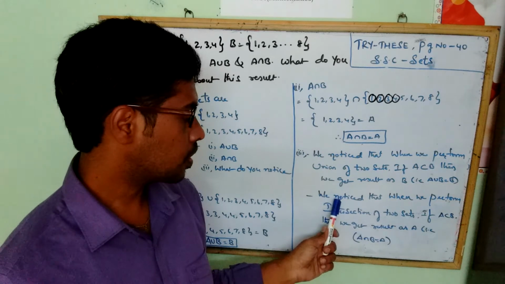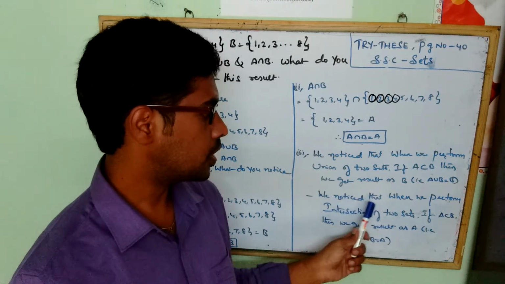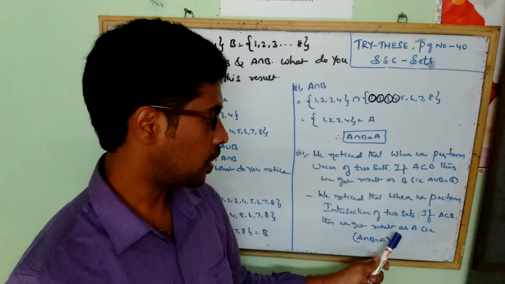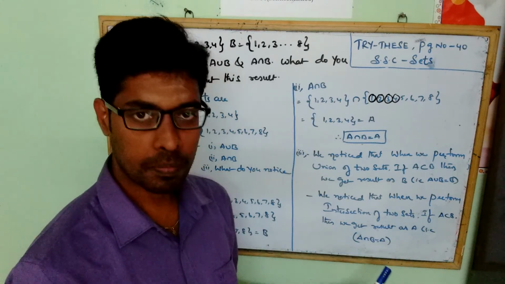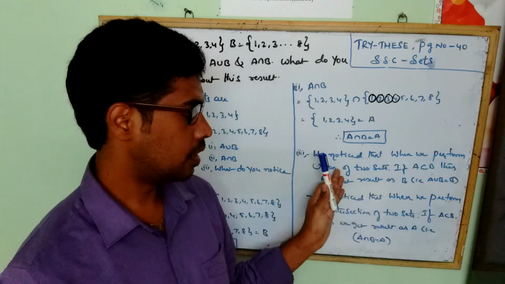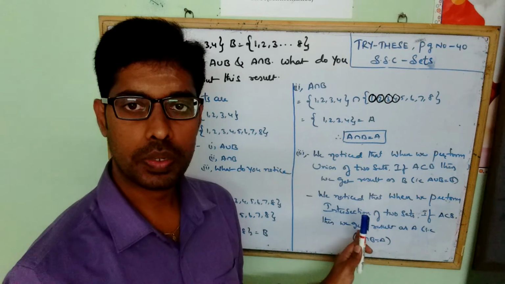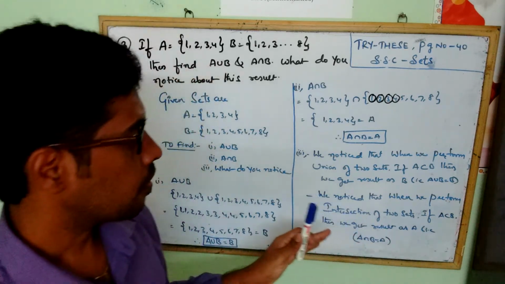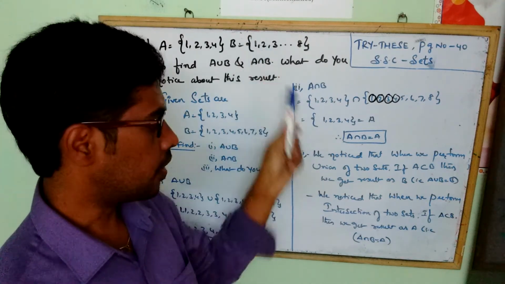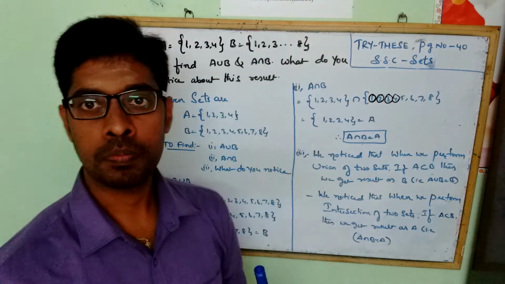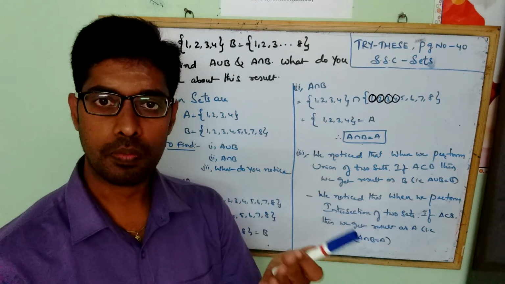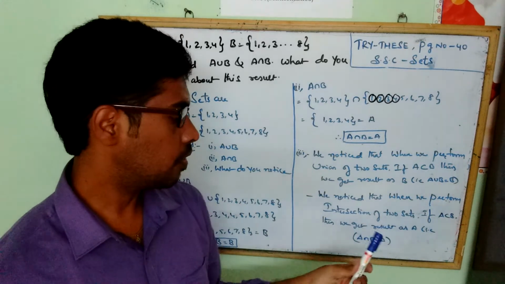Coming to the second one, we notice that when we perform the intersection of two sets, if A is a subset of B, then we get the result as A. Same combination, but here we use union, there we use intersection. When A is a part of B, the elements of A are present in B, then we get set A only.